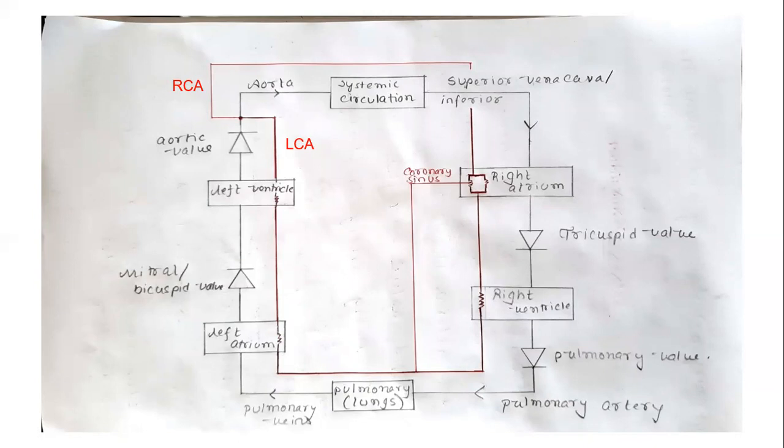Then, the deoxygenated blood from both sides of the heart accumulates in the coronary sinus, which brings the blood to the right atrium, the chamber of the heart that has the deoxygenated blood. From the right atrium, in a similar fashion as explained previously, the deoxygenated blood comes into the right ventricle, and so on.